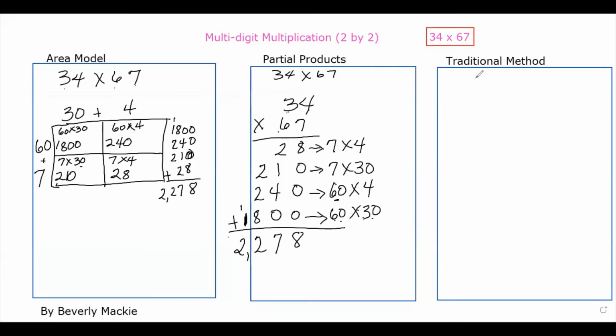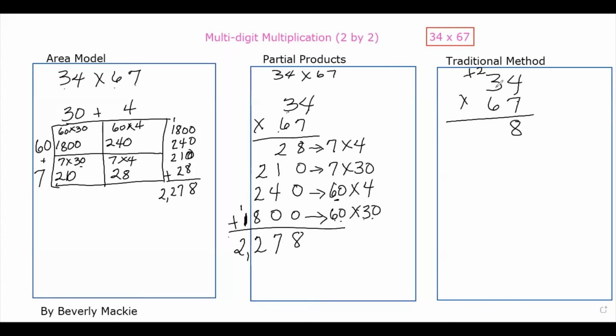Again, we're going to write it vertically. 4 times 7, 28. 8 in my ones place, and I'm going to put plus 2. That reminds me I'm going to add it later. Plus 2.